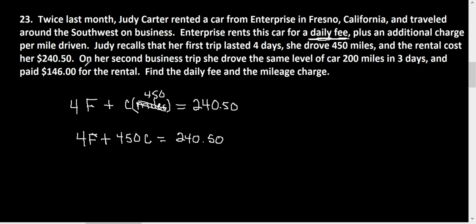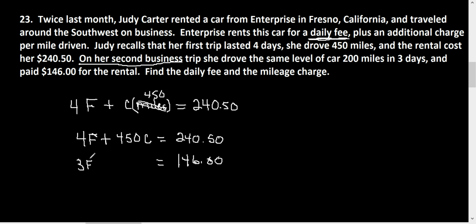Let's see, on her second business trip, she drove the same level of car 200 miles in 3 days and paid $146 for the rental. All right, we know it's $146 for the rental for 3 days. So that's going to be 3F.